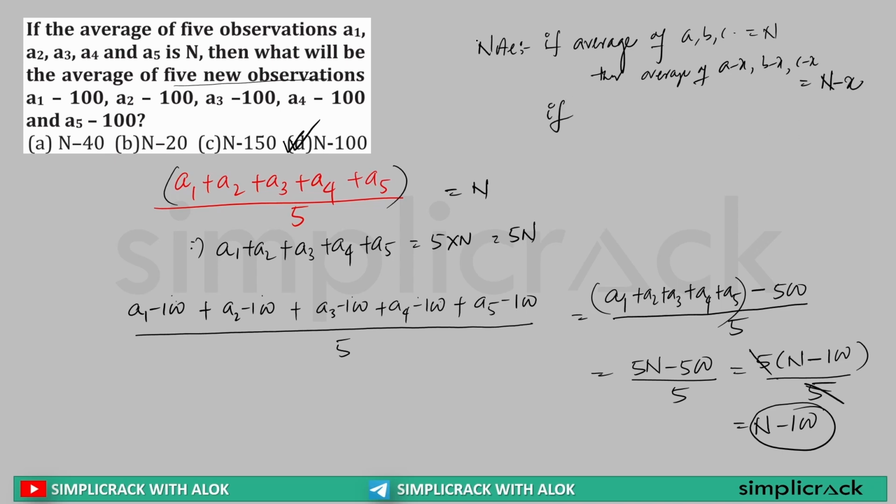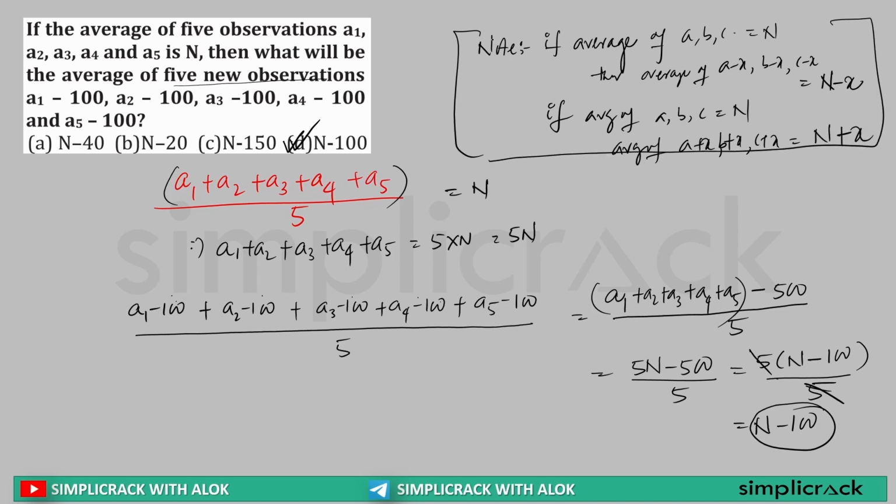If it is written like this, the average of A, B, C is n, then the average of A plus x, B plus x, C plus x, and so on is equal to n plus x. Remember this formula or this theory. It will help you solve questions really fast.